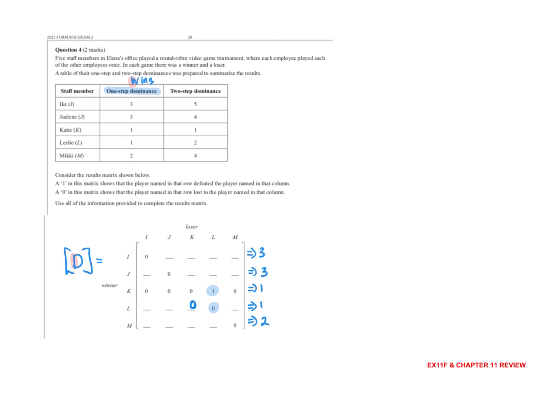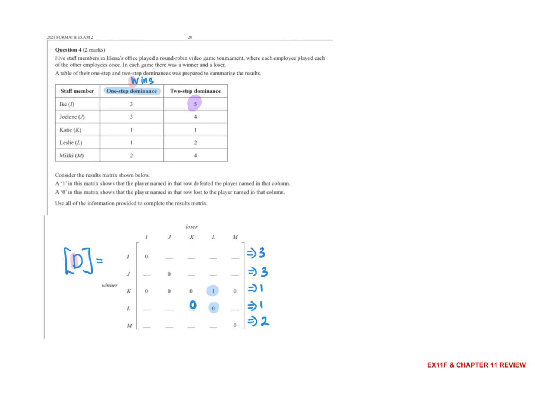So then what you've got to start having a look at is the two-step. You can see the wins, but who won against who is still a little bit unsure. So what we're going to look at is this two-step dominance. Ike has a lot of two-step dominance, which means that they're probably outright winning a lot of the games.